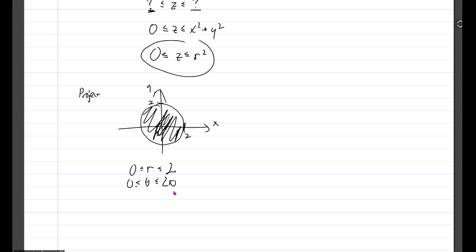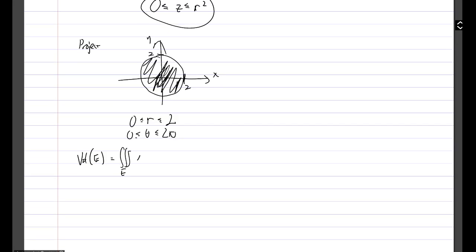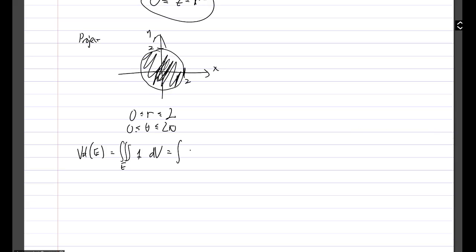So in setting up an integral, the volume of this shape E that we're trying to integrate over is going to be the triple integral over E of 1 dV. But if we write out what we have here, we're going to have an integral, leave a little space, integral, leave a little space, integral, just so we can write the endpoints of integration. We're doing the function 1 here, but we could have changed that to whatever other function we were requested.